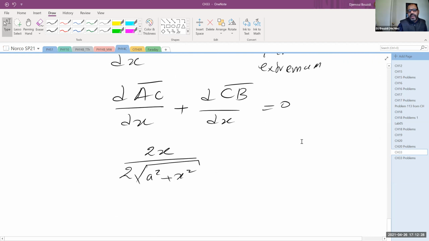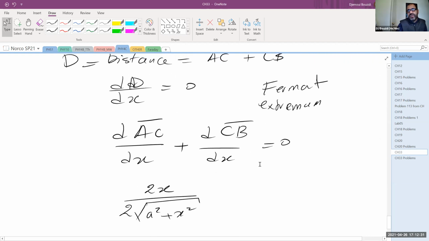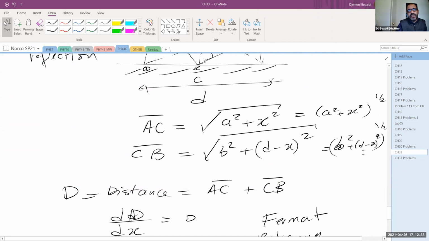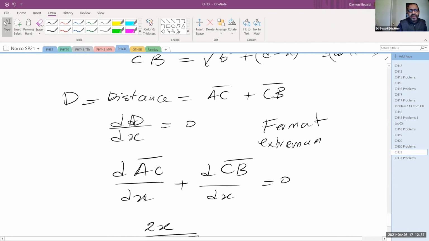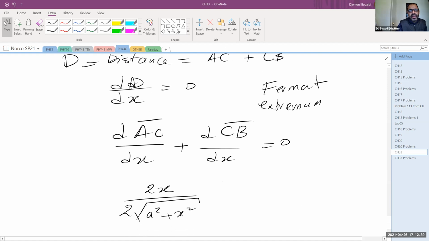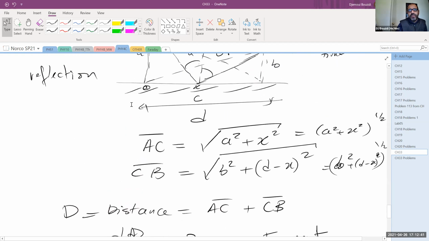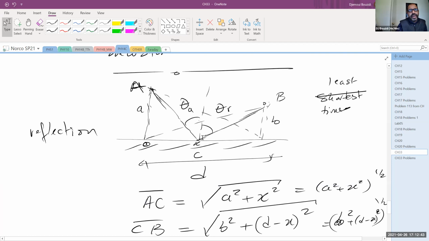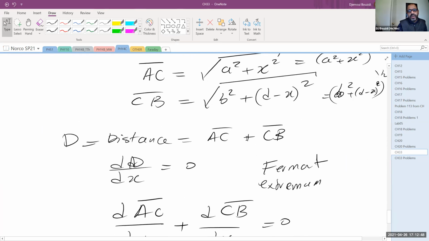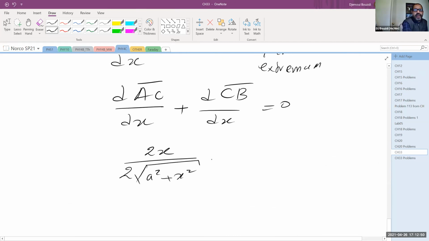Okay, and since we have to take the same derivative, don't tell me to make a change of variable and take the derivative with respect to x minus d, because if you do that, then you have to make the same change in here. We're taking the derivative with the same variable x in here. So don't take it with respect to negative x on the other side. It's going to be an error. So the negative sign is inherent to the problem. It's not something that is artificial.